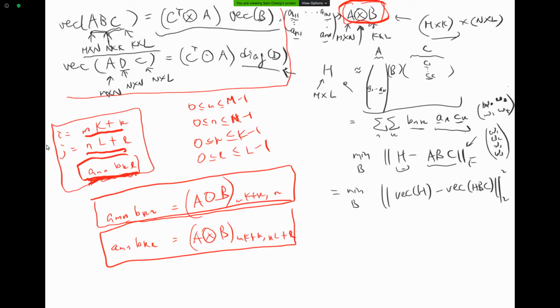And now we can use our identity, and see how it becomes very useful. We have the vectorization of A, B, C equal to C transpose Khatri-Rao product A multiplied by the vectorization of B. So now if we look at this problem, it's just a regular least squares error problem for a system of equations.